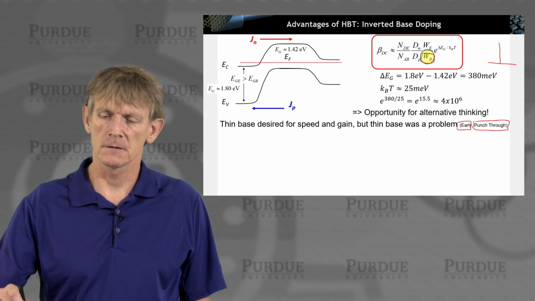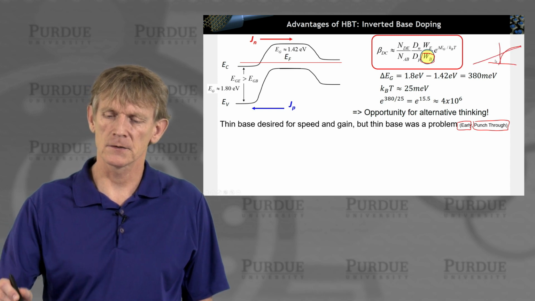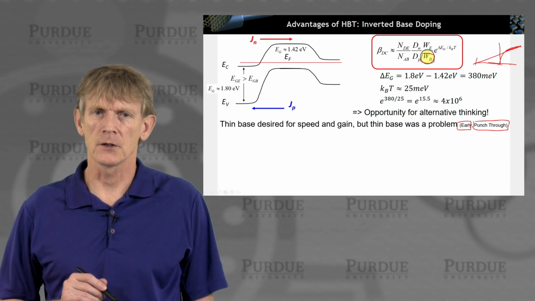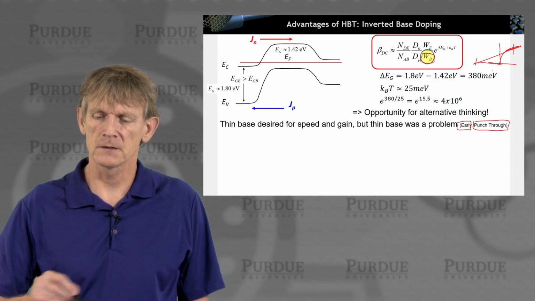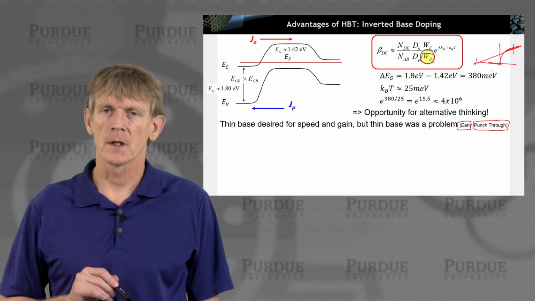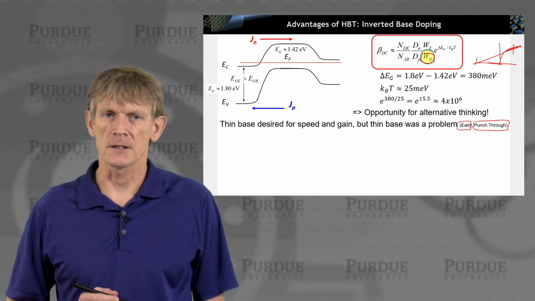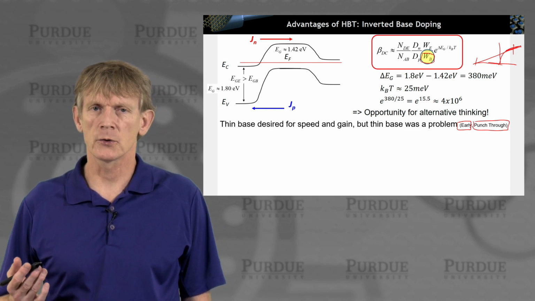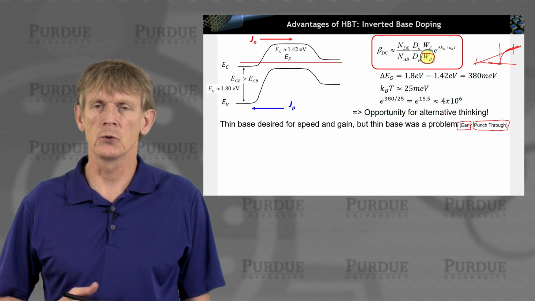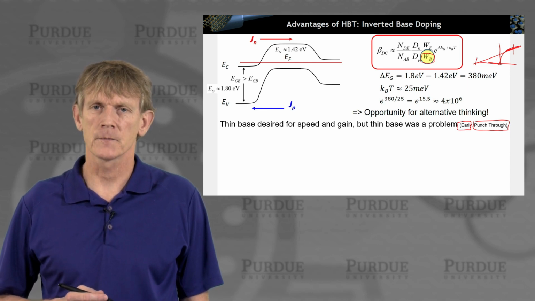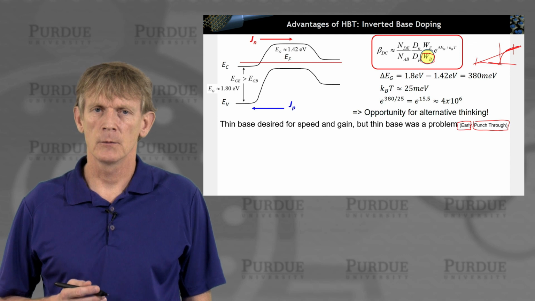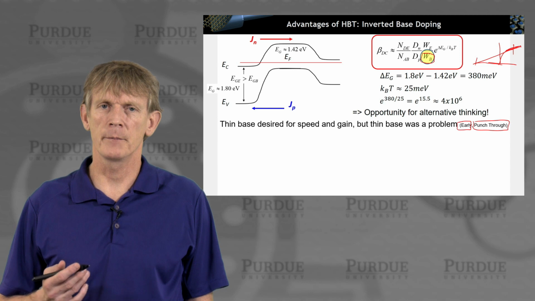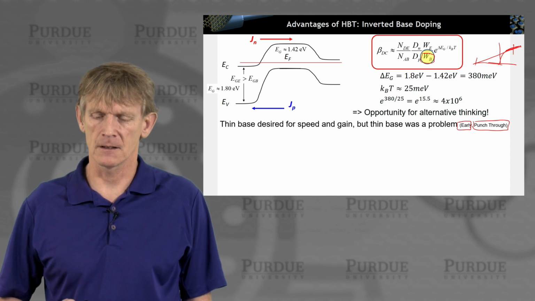Remember, the early voltage performs like this, and this slope here was the early voltage, and that was the base width modulation, okay? Under high current flow the base could become so small that you had punch through, that you lose the whole junction, okay?